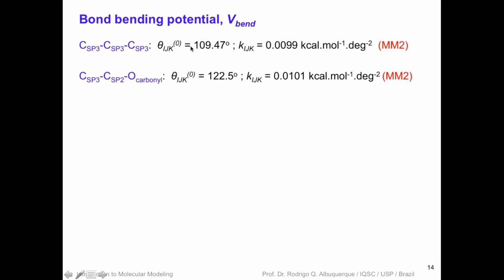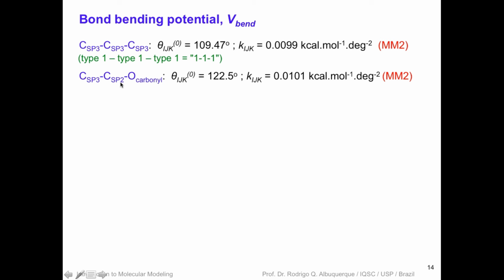The reference bond angle is 109.47 degrees, and the force constant for this bond bending is very small, given these units here. And you can consider atom type 1 is sp3 carbon. So you have atom type 1, atom type 1, atom type 1. You have the 1, 1, 1 bond bending potential.